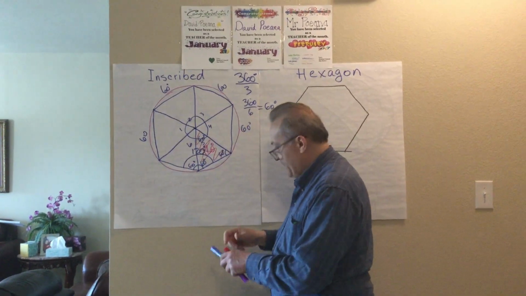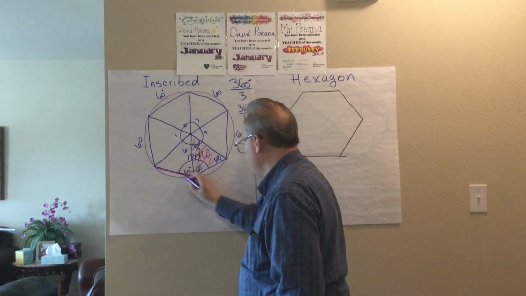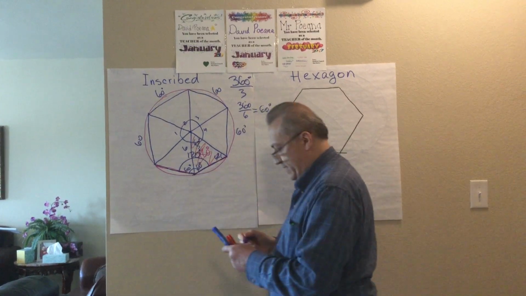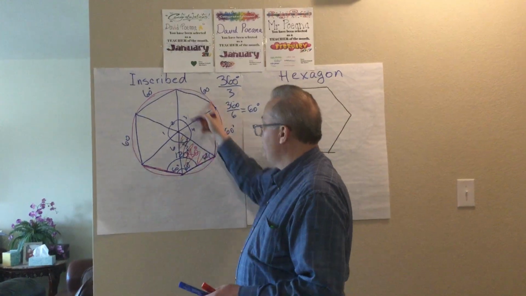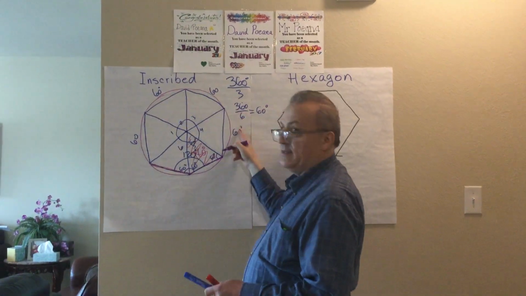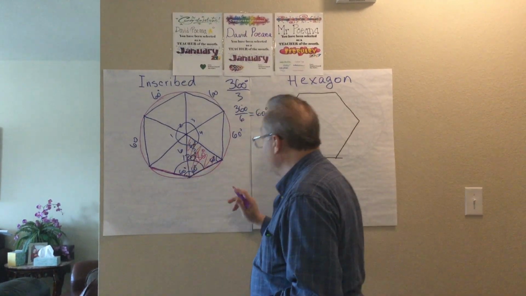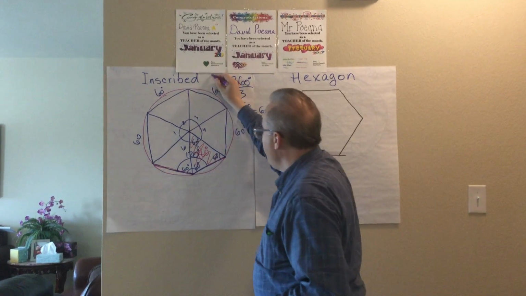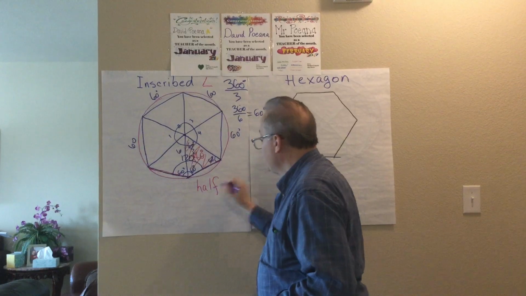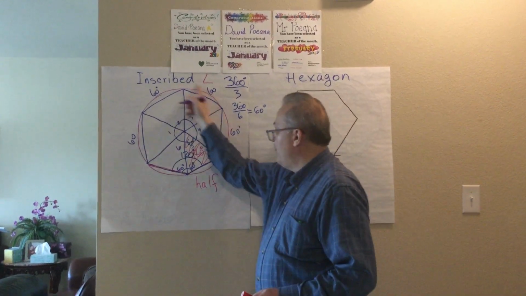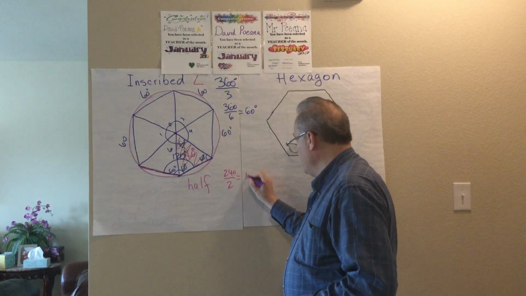Watch what happens. This is my angle, inscribed angle, and it intercepts this big arc, which is 60, 60, 60, 60, 240. Divided by 2, you get 120 because the inscribed angle is equal to half the intercepted arc. 240 divided by 2, that's equal to 120.